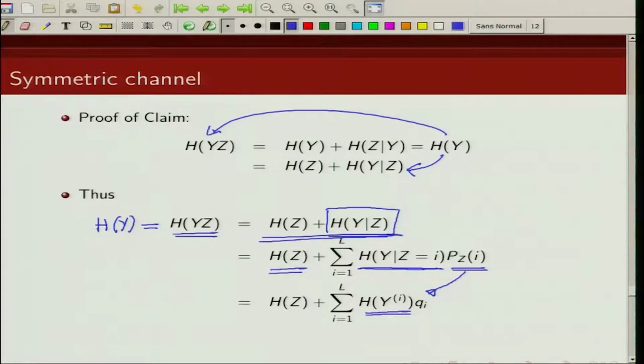So I can write uncertainty in y given z is i as uncertainty in yi. So then I can write this expression as h of z plus summation of h of yi into qi, and sum over all L such channels.